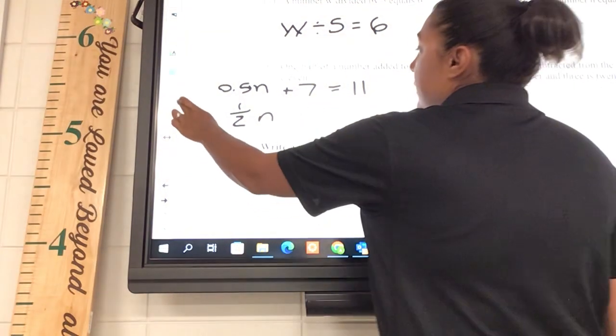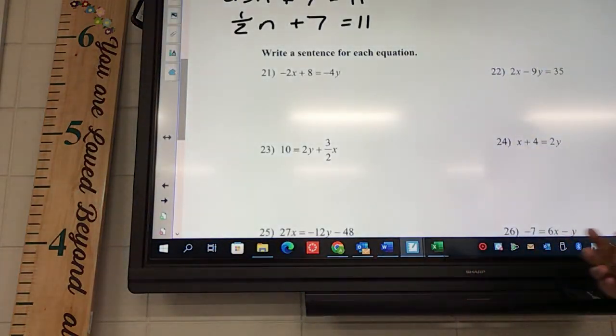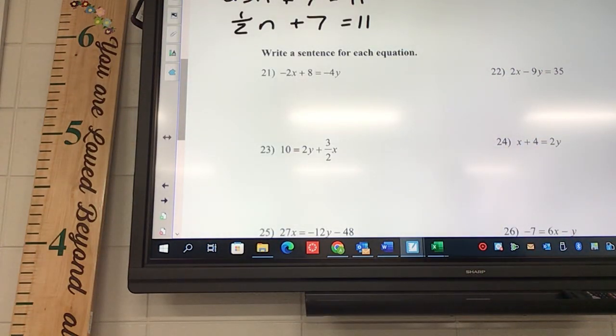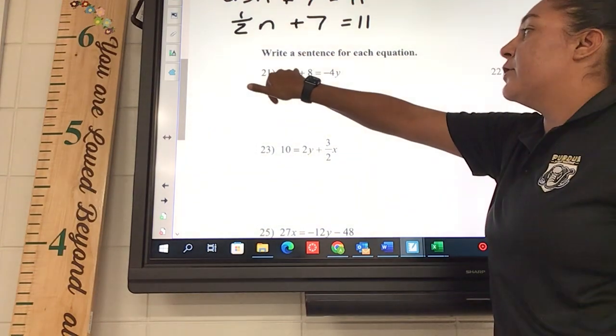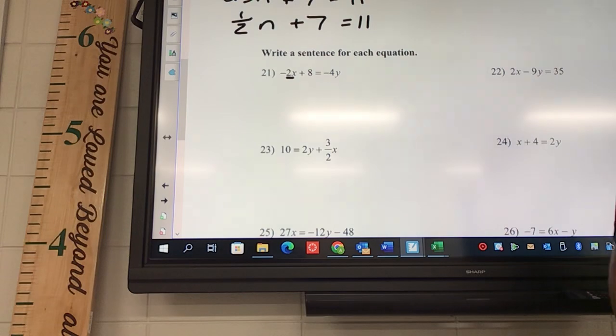Okay, this bottom part is nothing crazy either. Write a sentence for each equation. So what does it mean when it's right next to it? Multiplication?